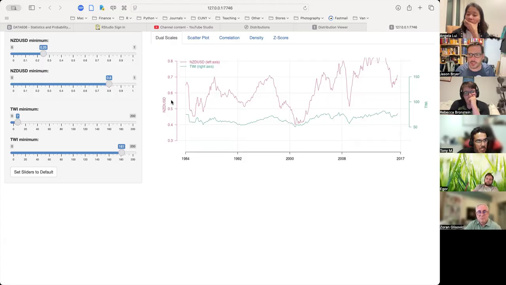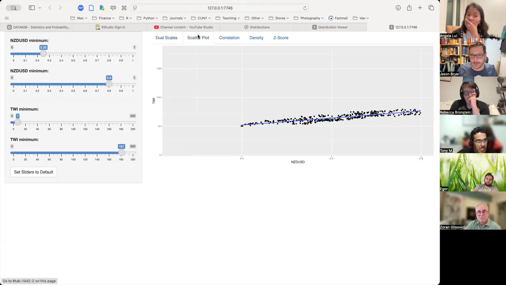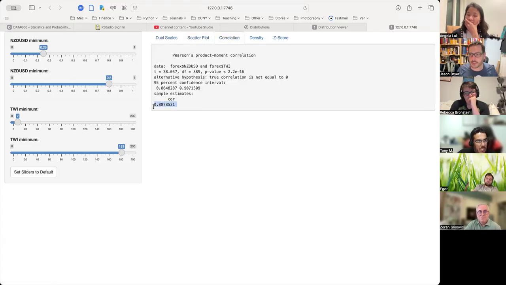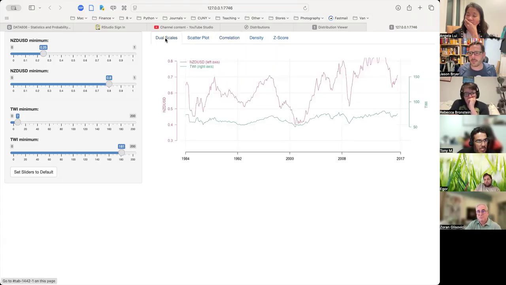So the relationship is weak. But if I look at the scatter plot, it's clearly strong, right? We haven't talked about correlation. The correlation is 0.88. That's huge, right? So my problem with dual scales is I could potentially manipulate it in a way to change the narrative of what the data really says.